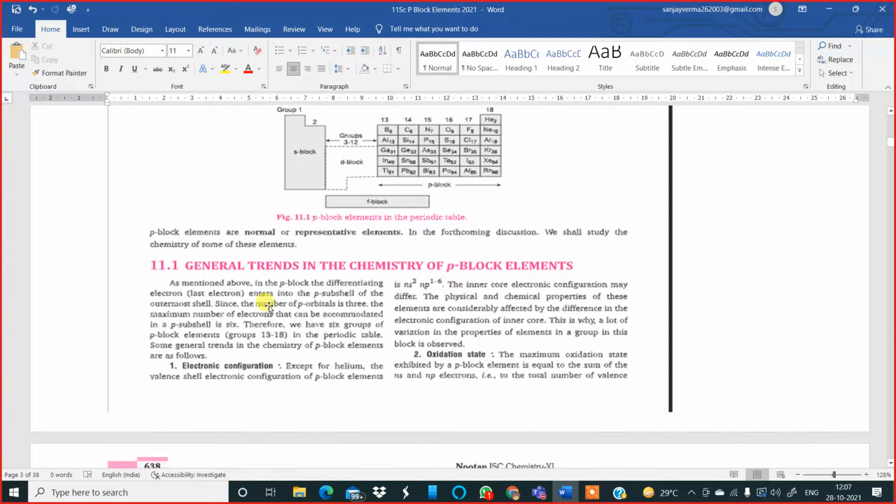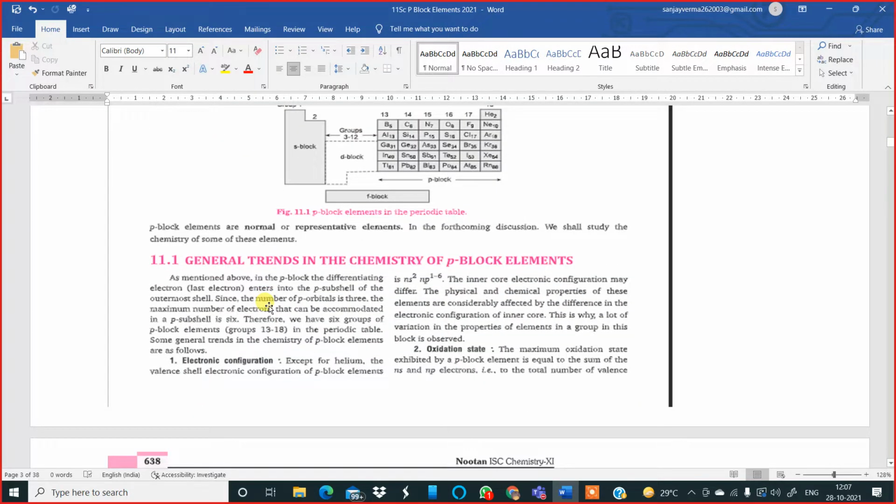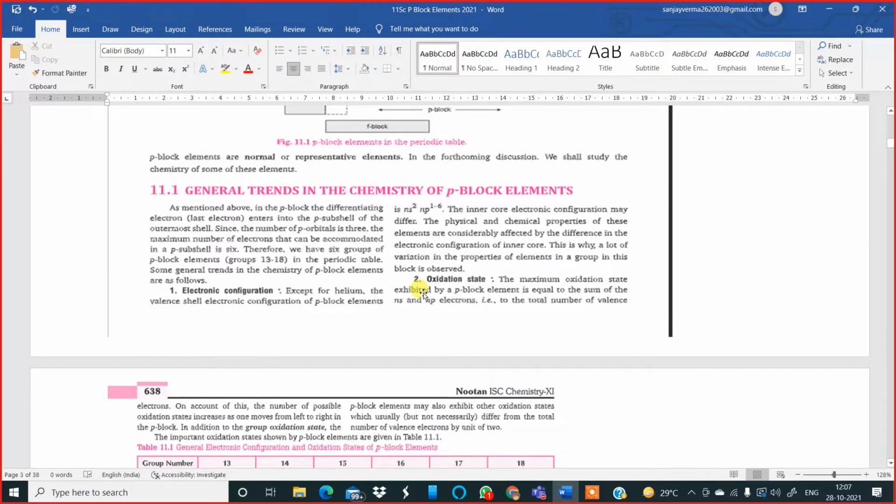Let us try to understand the general trends in chemistry, the periodicity of P block elements. Let us first move to the first property, called electronic configuration. Except helium, the valence shell electronic configuration of P block elements follows this order: ns2 np1 to 6.